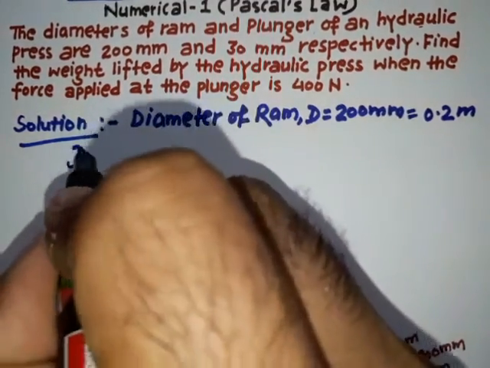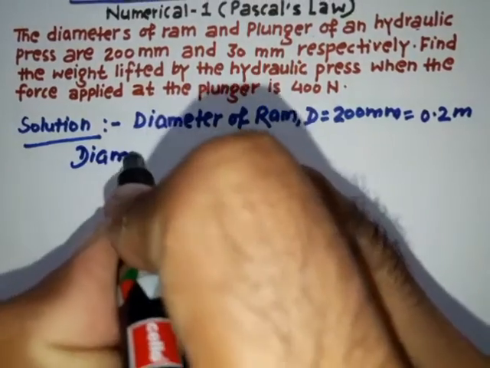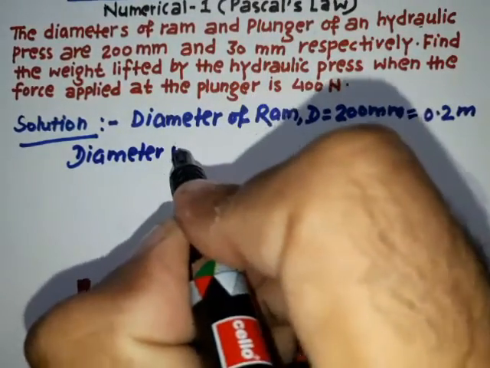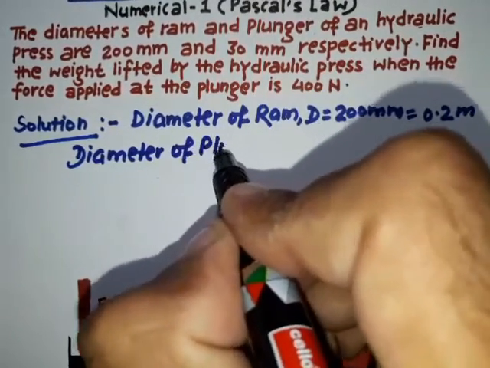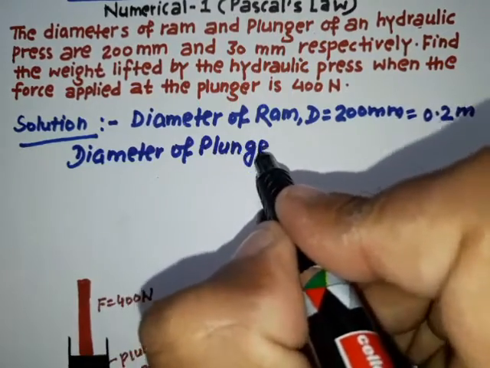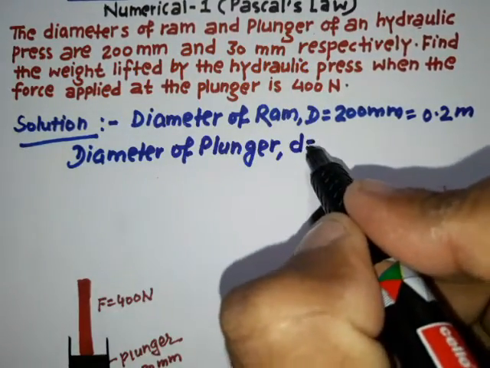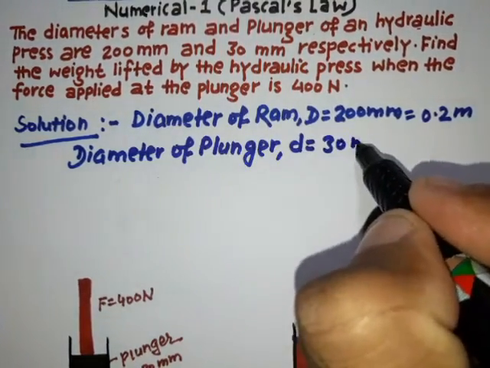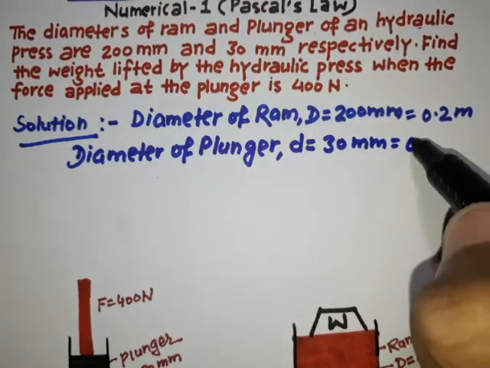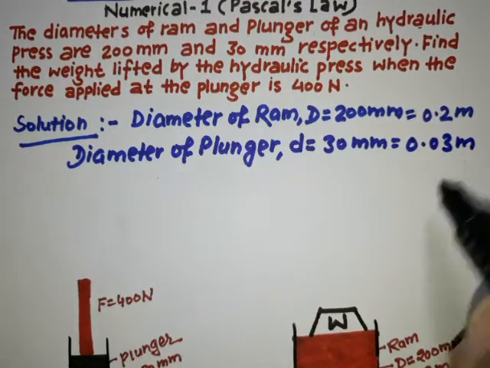Next is diameter of plunger, that is small d, 30 mm, 0.03 meter.